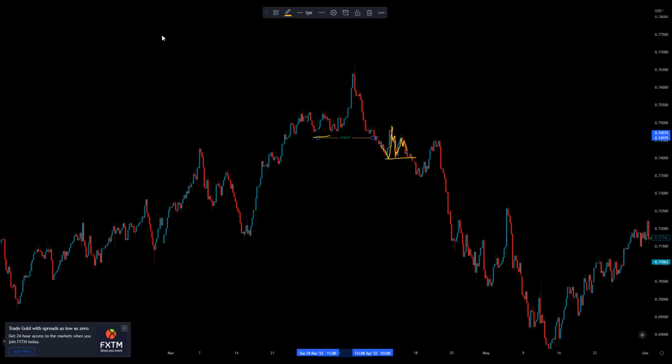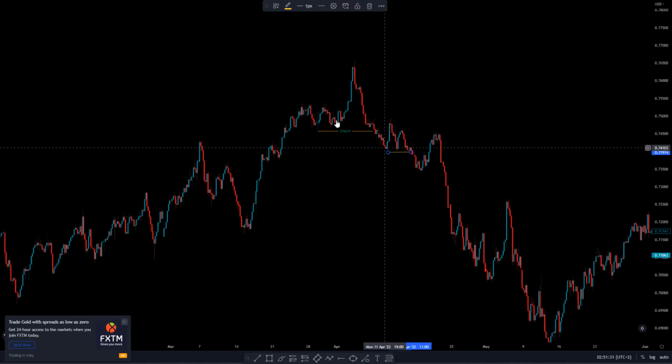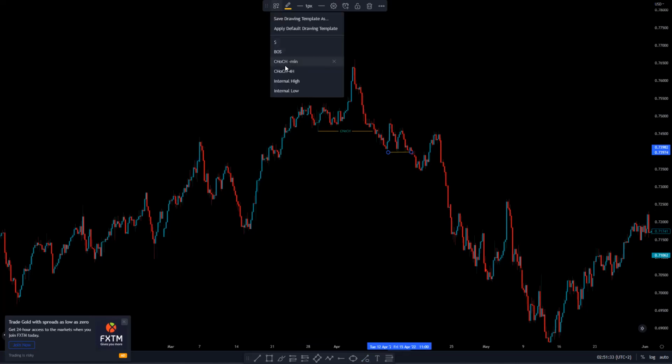All right. Break of structure. After the break of structure, what do you expect? You expect the price to change direction.